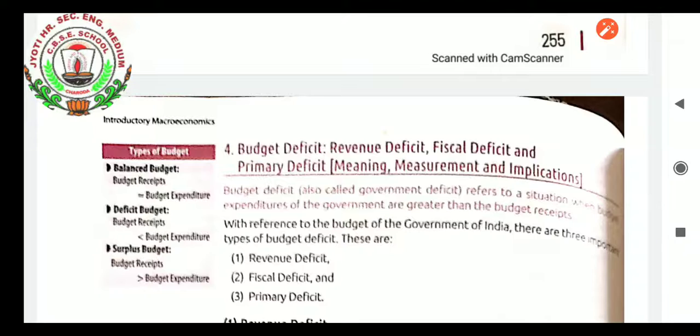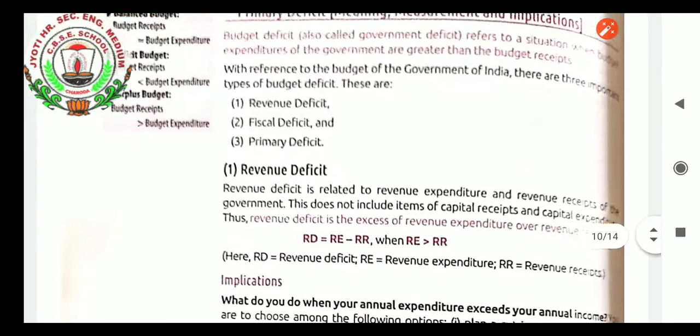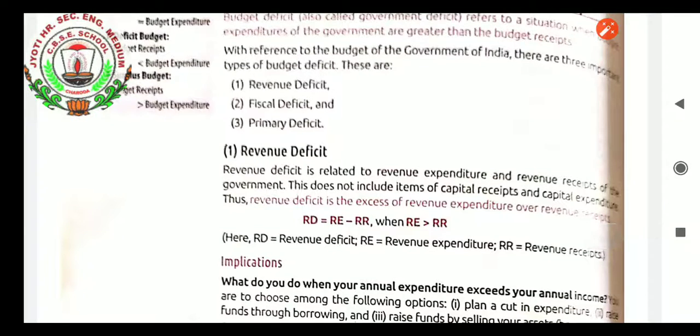With reference to the budget of the government of India, there are three important types of budget deficit: revenue deficit, fiscal deficit and primary deficit. First, revenue deficit. What do you mean by revenue deficit? Revenue deficit is related to the revenue expenditure and revenue receipts of the government.